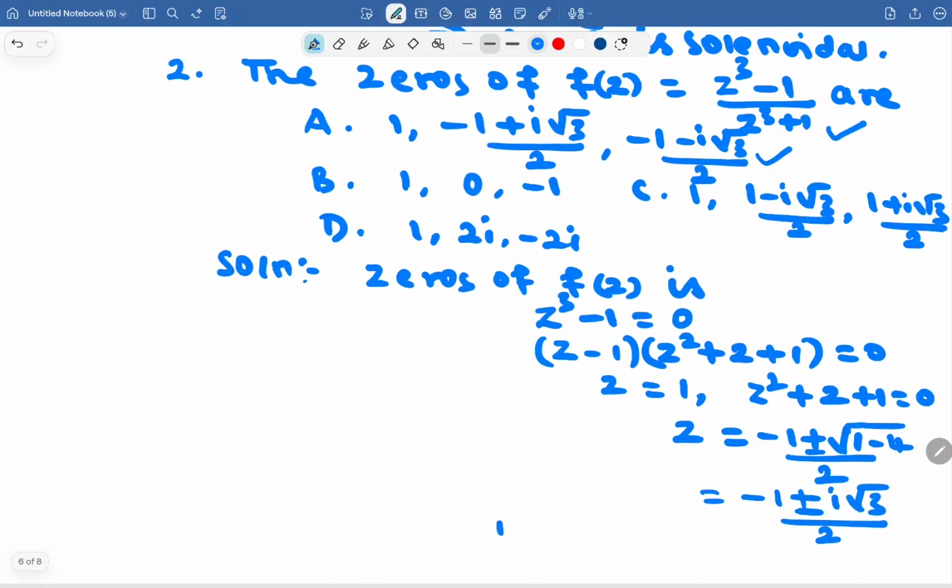Therefore zeros are 1 comma minus 1 plus i root 3 by 2, minus 1 minus i root 3 by 2. For this problem, the first option is the correct option.